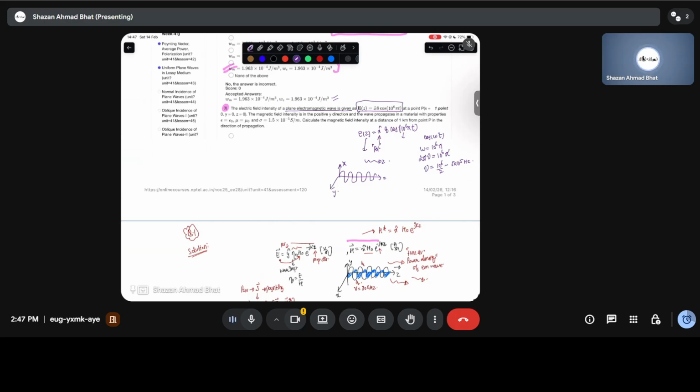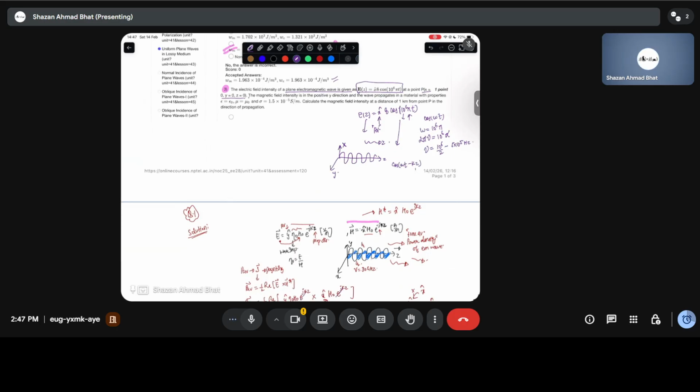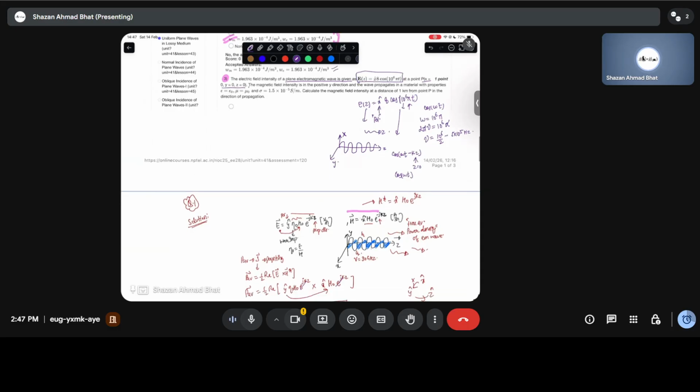Now, this electric field intensity is basically given at a particular point. That's why you see this is only time dependent. Otherwise, it should have been cos of omega t minus kz, because this is flowing in the z direction. But here, if z equals 0, it will be only oscillating in time, not in space, so it is at a particular point in space.